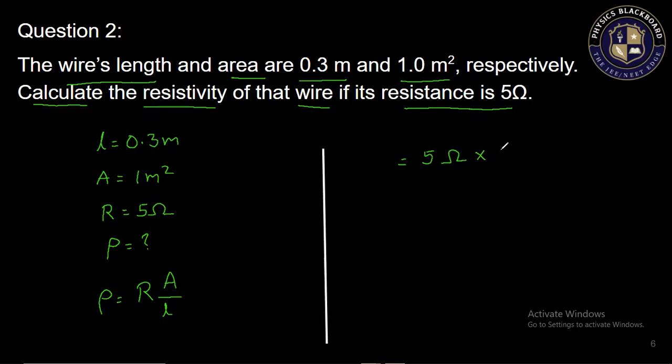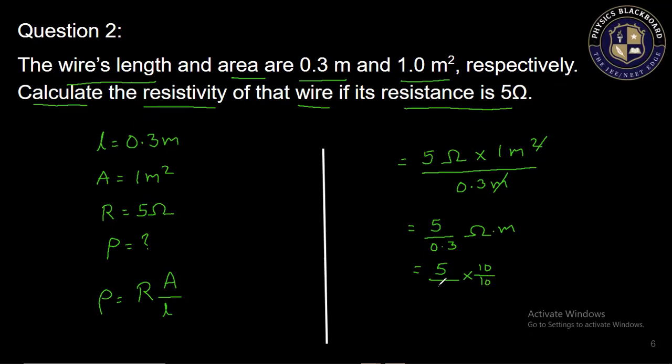What is the area of cross section? 1 meter square by, what is length? 0.3 meters. Meter and square get cancelled. 5 into 1, 5 by 0.3 ohm meter.